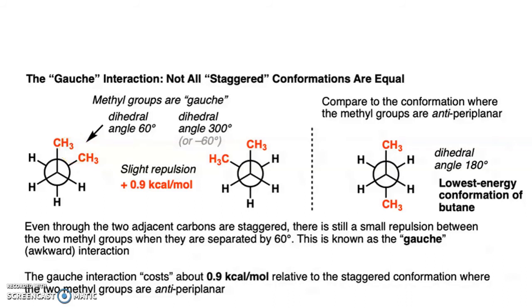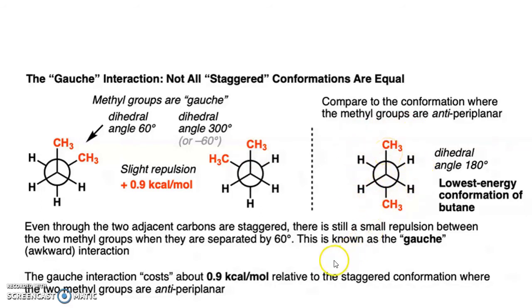In the syn form, the distance is 2.9 angstrom, so not much difference. These two methyl groups are quite close together, so there is a possibility of steric interaction and van der Waals repulsive force acting between the methyl groups in the gauche conformation. So gauche has higher energy than the anti conformation.